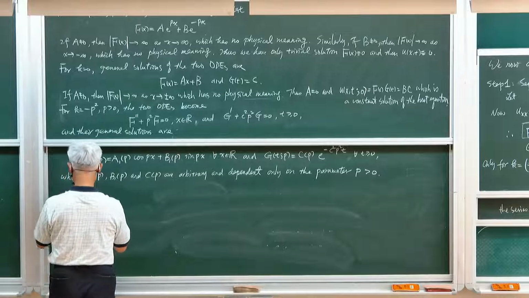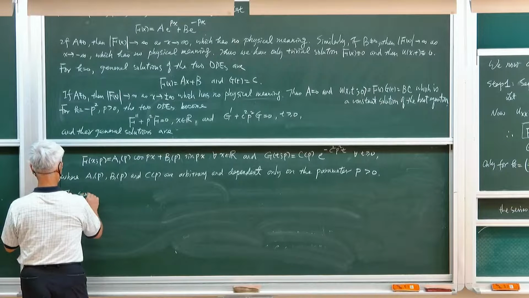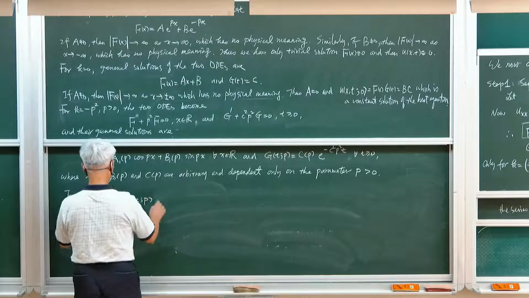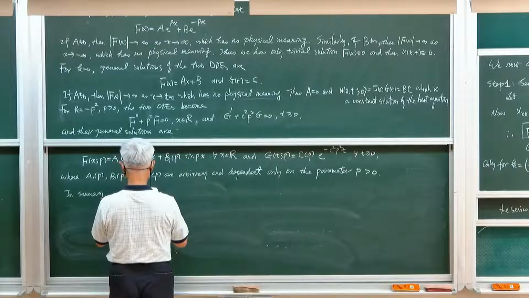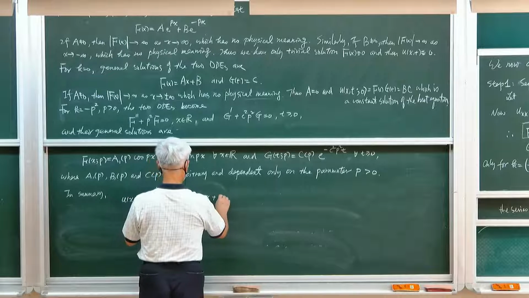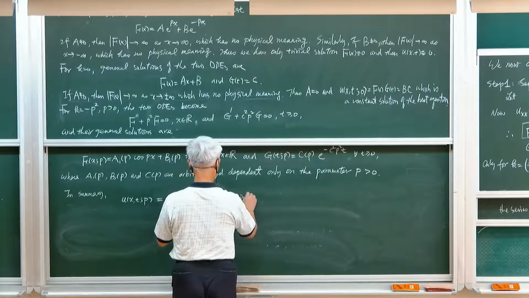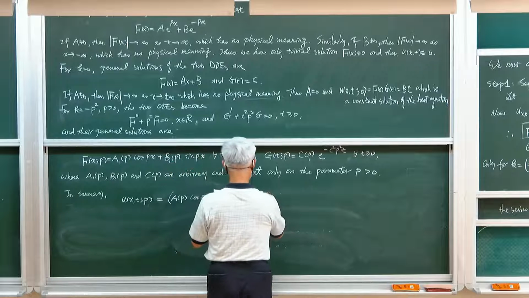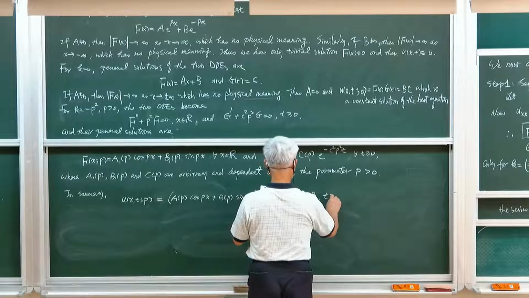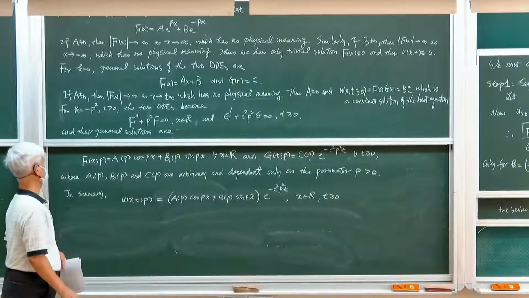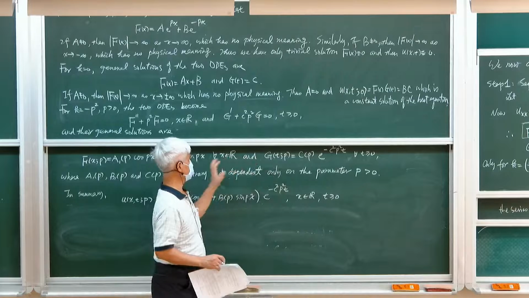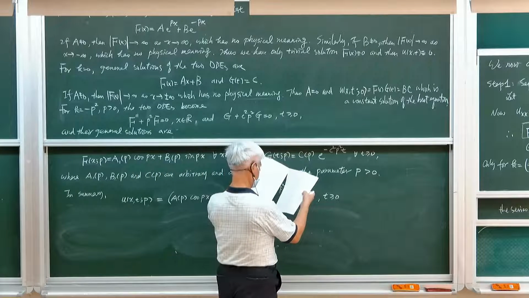So in summary, all right, we form the solution Ap cosine px plus Bp sine px together with exponential minus c square p square t, and x in R. Because we multiply the f and the g together.